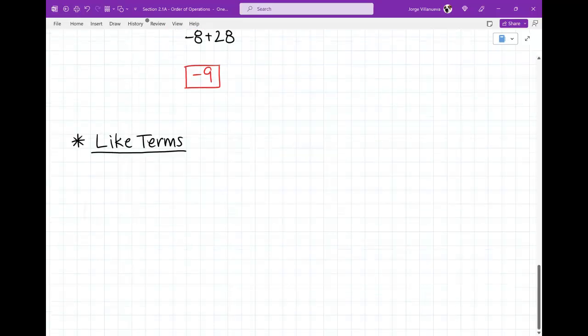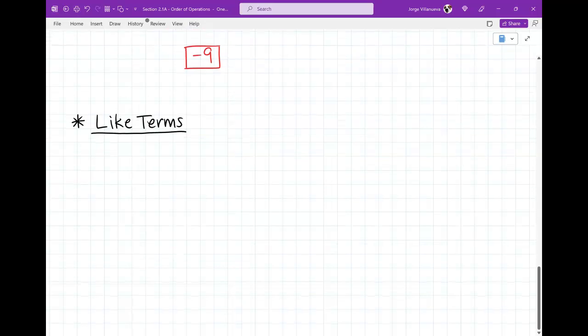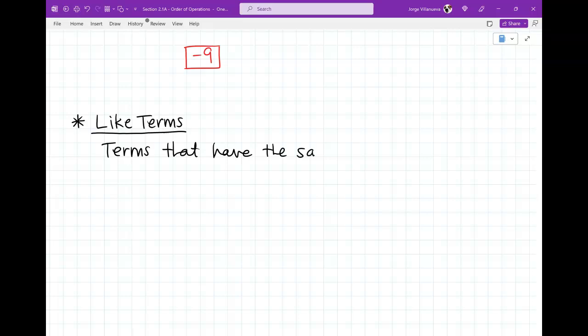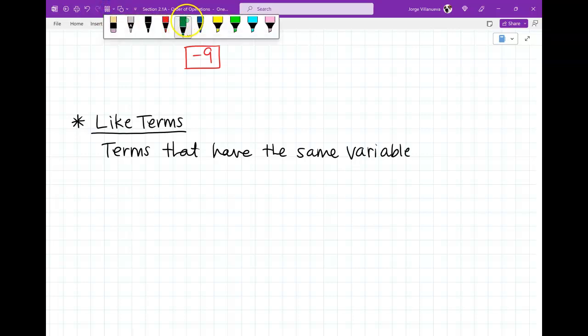Now remember, like terms, these are terms that have the same variable, and in parentheses, I'm going to put and power.